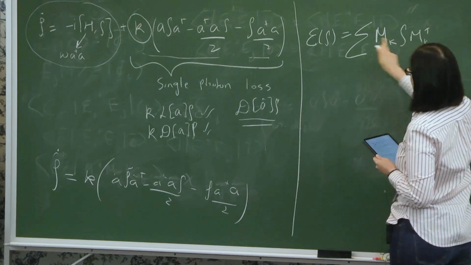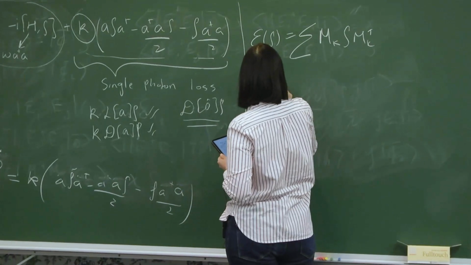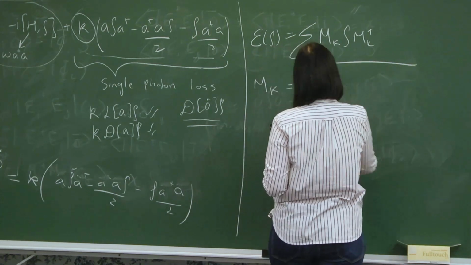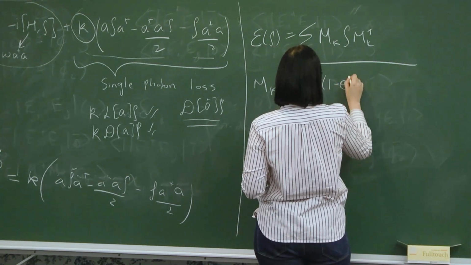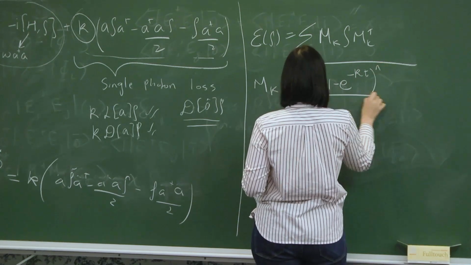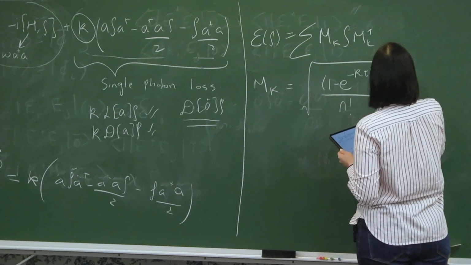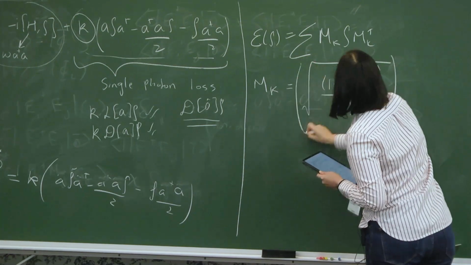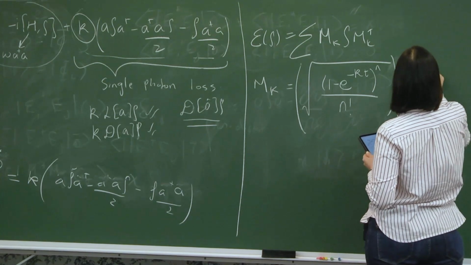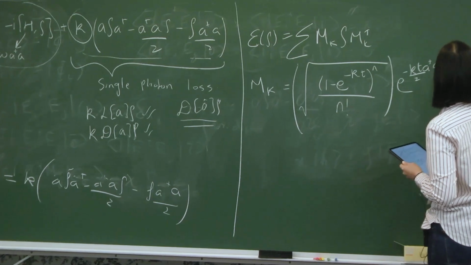So this is rho initial, this is rho final. And your M's are basically the square root of (1 minus e to the minus kappa t) to the n divided by n factorial, times e to the minus kappa t a dagger a by 2, times a to the n.